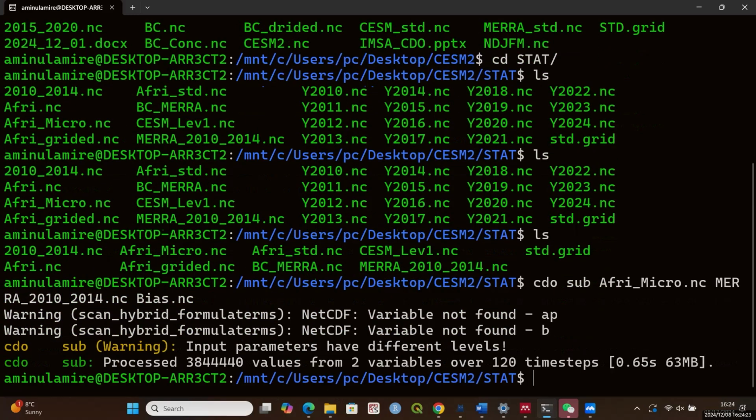Okay, so it is subtracting. Okay, it has subtracted. Now it means we have done this. In addition to that, we have learned that not only subtraction, you can even add, divide, and multiply. So these commands you can use.